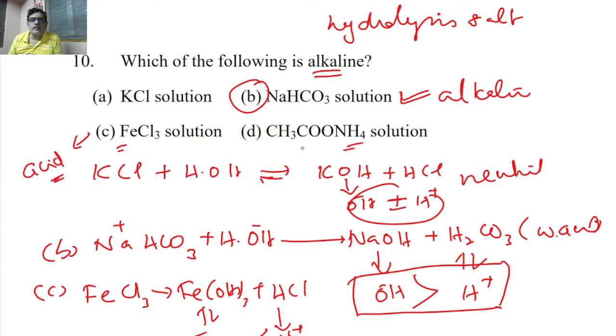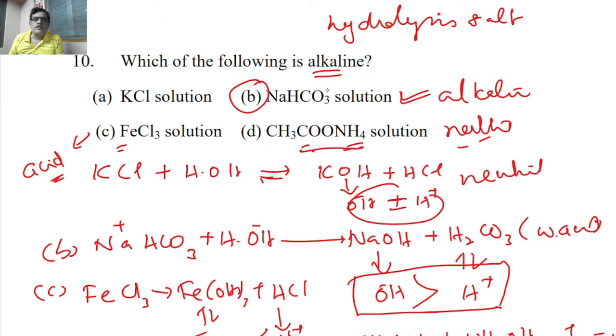Again, ammonium acetate will be a neutral solution because it will produce a weak acid, acetic acid, and a weak base, NH4OH, which dissociate to the same extent. See, the Ka value is equal to Kb for ammonium hydroxide and acetic acid. Therefore, they produce equal amounts of H plus and OH minus. So the ammonium acetate solution will be neutral.